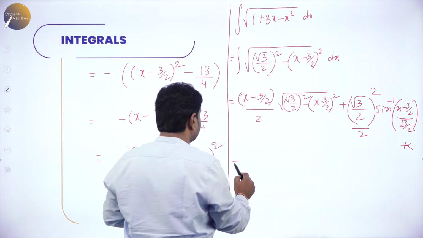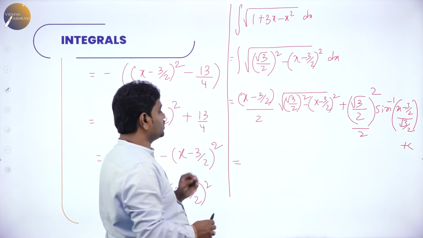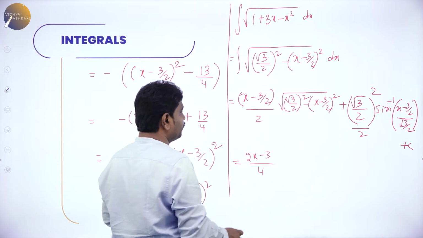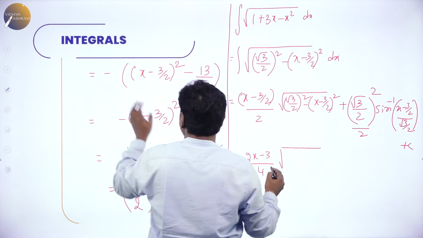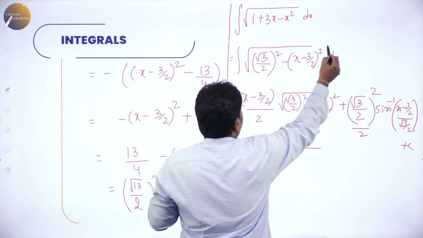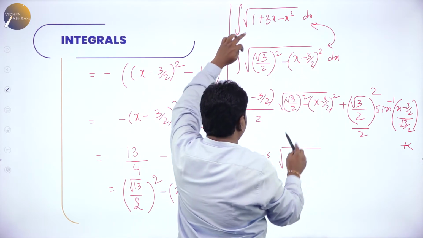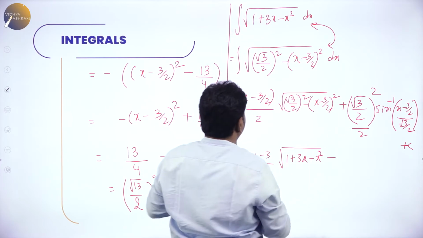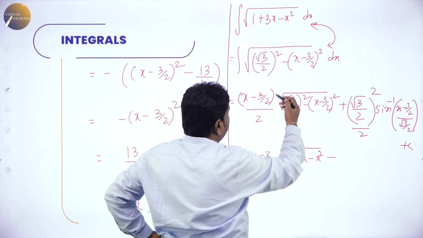Further you can simplify. If you take LCM, 2x minus 3 divided by 2, 2 twos are 4. And this can be written like this. You know, these two values are the same. So 1 plus 3x minus x square, I can compress this. If you simplify this, that will be the value.